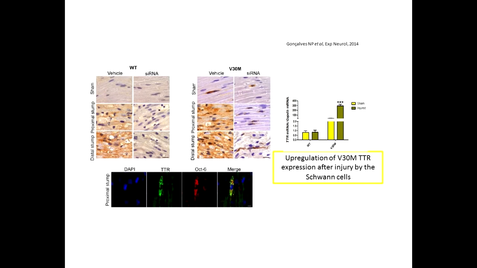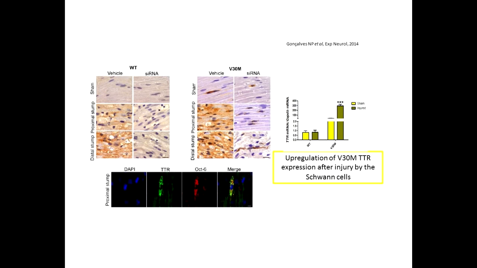Okay, and so we conclude after some studies that Schwann cells could synthesize TTR. TTR is mainly synthesized by liver, choroid plexus, and pancreas.